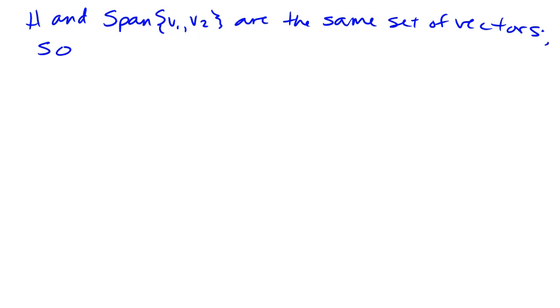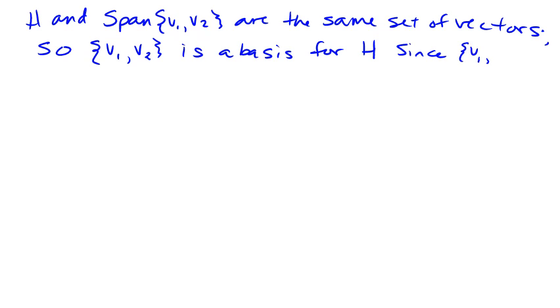So the set v1, v2 is a basis for H, since v1, v2 is linearly independent. And that's from theorem 4. And that concludes that example.